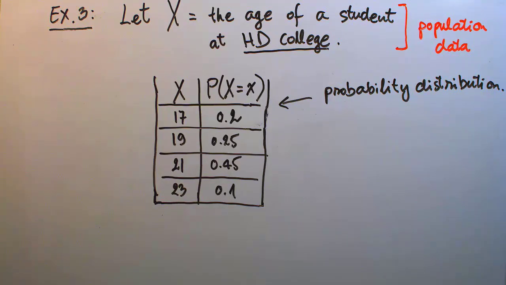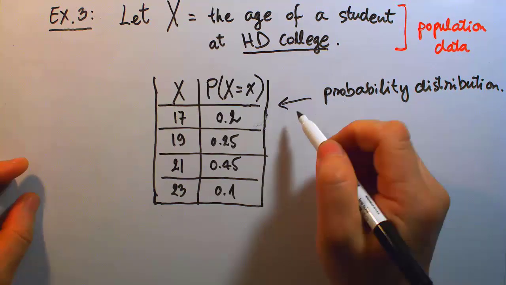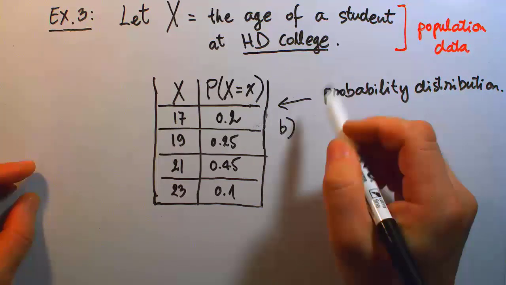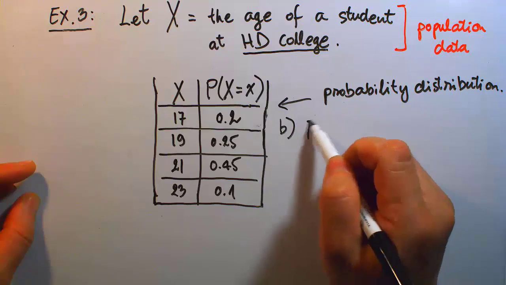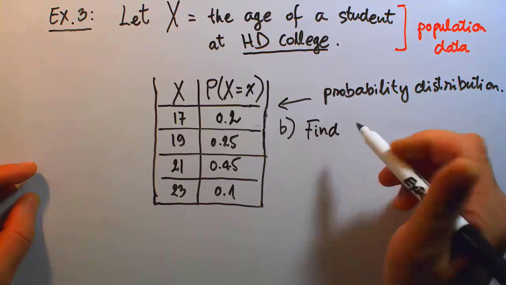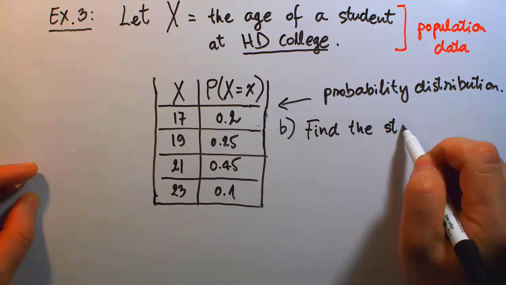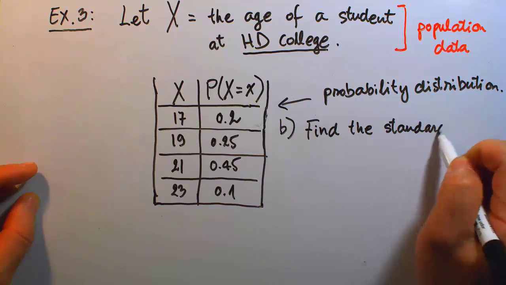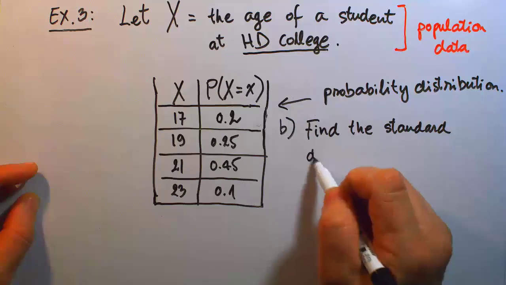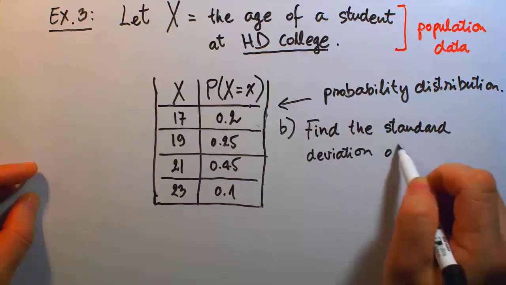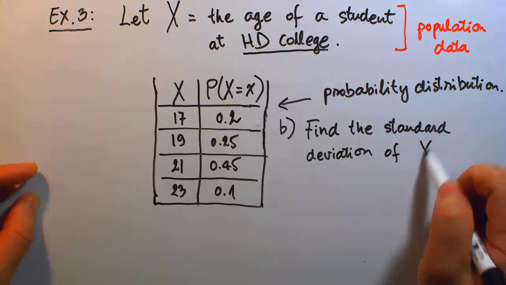All right, now we are ready for part B of this same example. Example 3, now we're looking at part B. We would like to find the standard deviation of this data X right here.